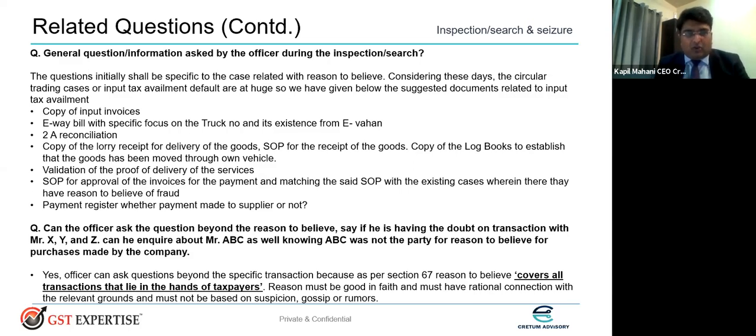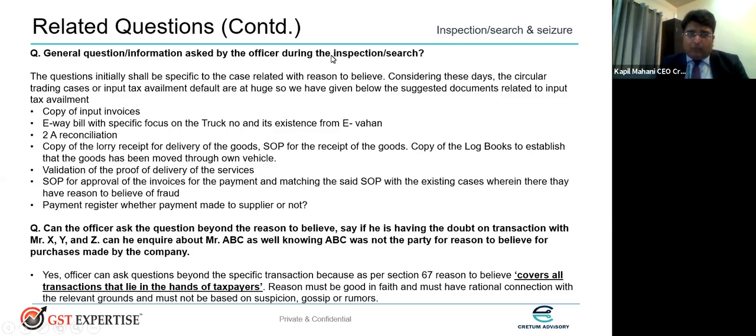So in that scenario, what are the general questions which the inspection officers can raise and cannot raise, and which you are supposed to answer? This level of mutual trust and cooperation is very important, because if you do not cooperate at this point of time, then the inspection may go into a search and seizure level.